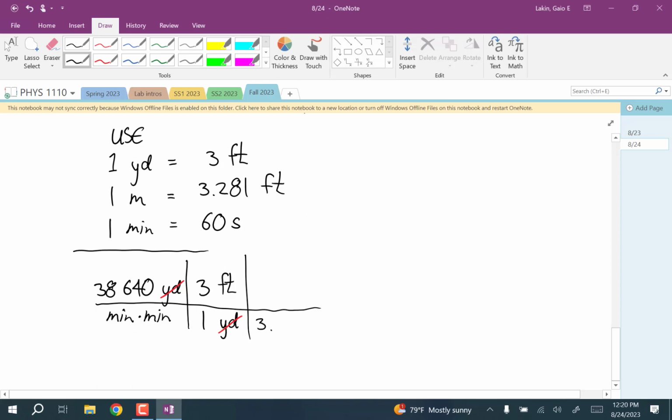So we have 3.281 feet. And 1 meter in the numerator. And then those cancel. So now the only units we have left of length are meters. So that's perfect. Now we have to deal with the minutes and convert those to seconds.